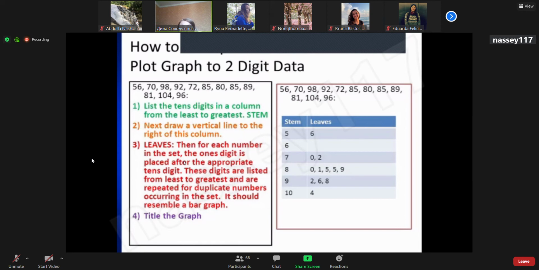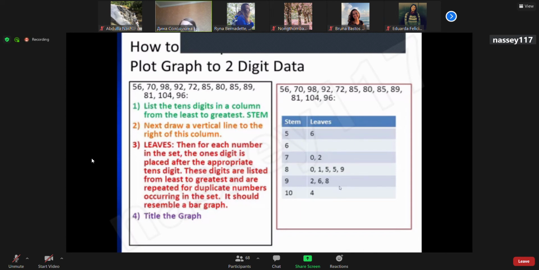For example, 56: 5 is the stem, 6 is the leaf. 70: 7 is the stem, 0 is the leaf. We do this for every value, and so we also show our data by frequency distribution.